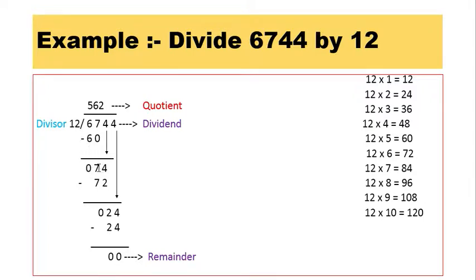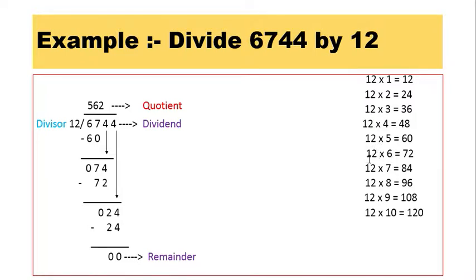So we take the other digit, 4. 4 comes down here, making 74. Can we find 74 in 12's table? No. Which is the nearest number?